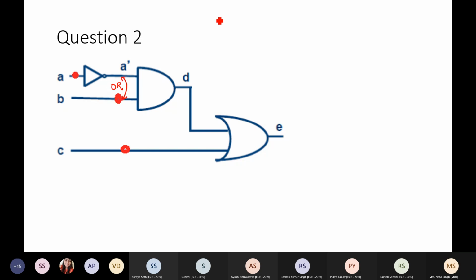An OR bridging fault simply means that either of the two values can be seen on this wire as well as this wire.